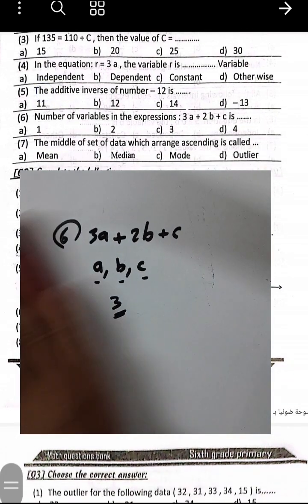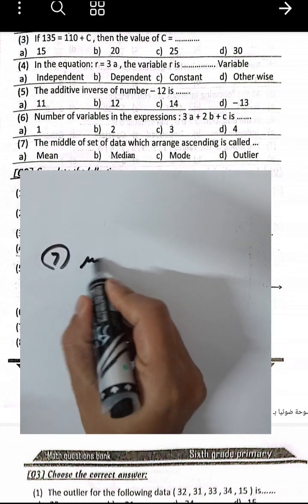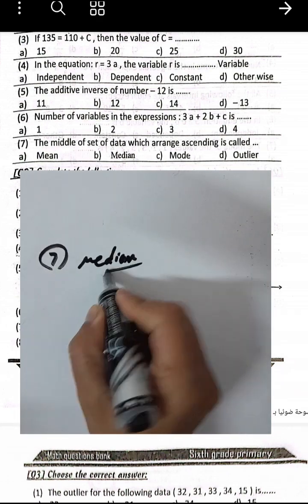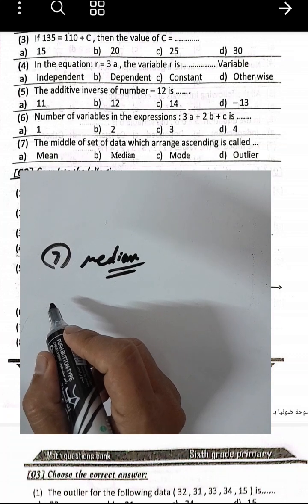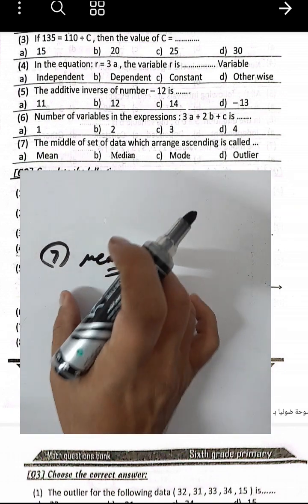Question 7. The middle of a set of data arranged in ascending order is called the median. The definition of median: the middle of a set of data arranged in ascending or descending order. We call this the median.